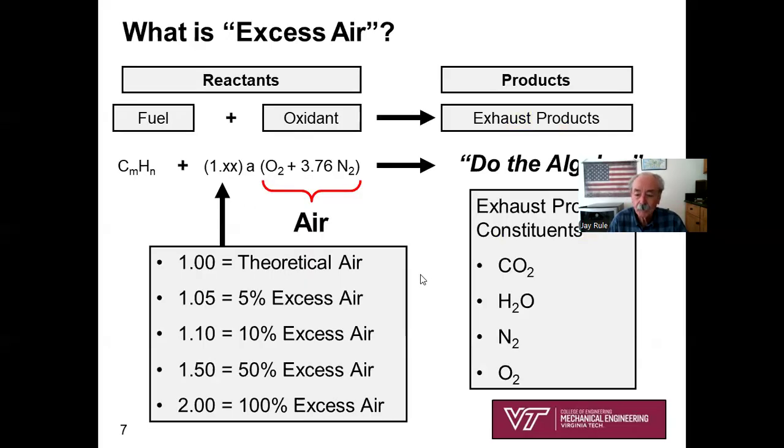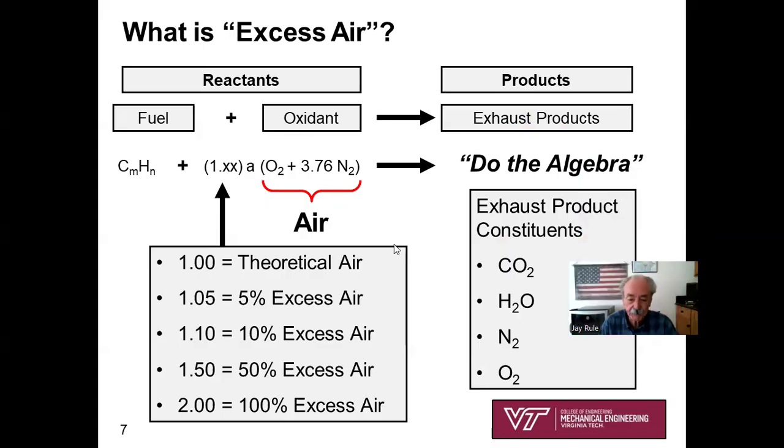So that was the stoichiometric equation. Now we move on to excess air. The reason I put that in is, remember this A here. That A is a value that depends on M and N, okay? And that's sort of the stoichiometric type factor that's needed to balance the stoichiometric equation.